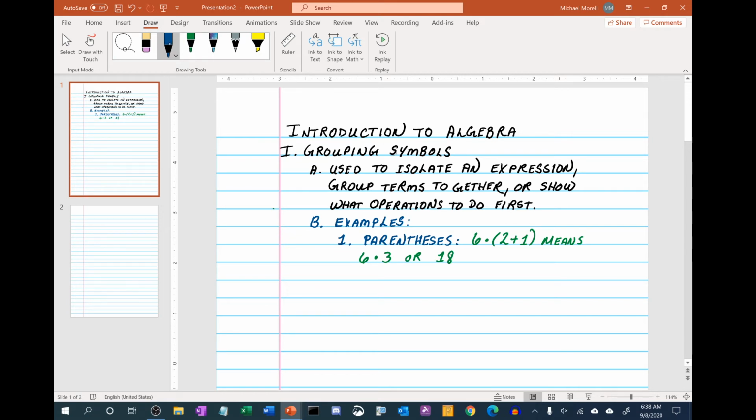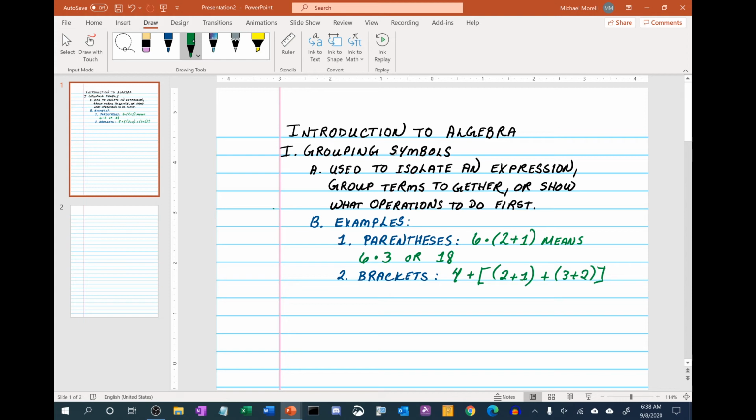Let's look at the next type of grouping symbol, which are brackets. Some examples of this: 4 plus open bracket, open parentheses, 2 plus 1, close parentheses, plus open parentheses, 3 plus 2, close parentheses, close bracket.